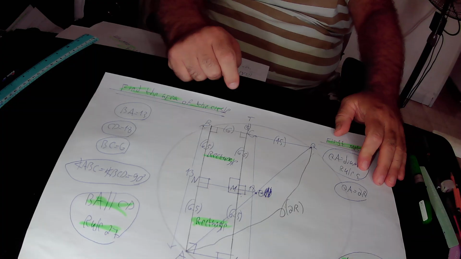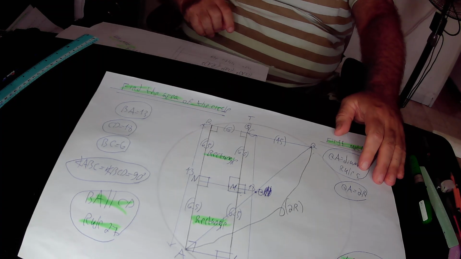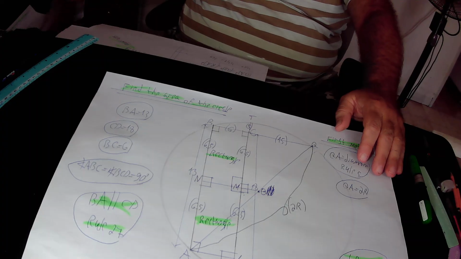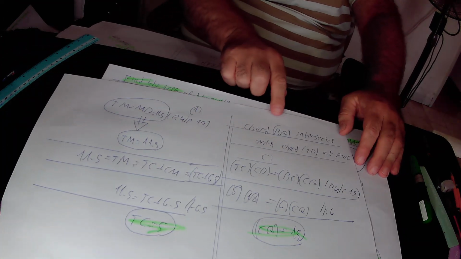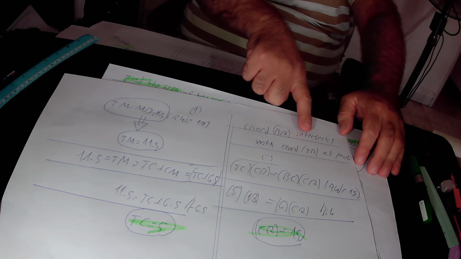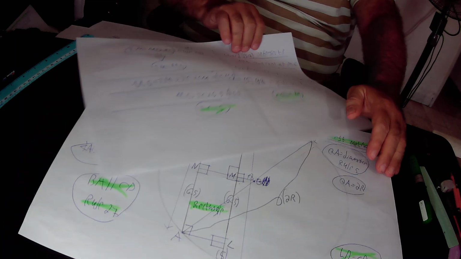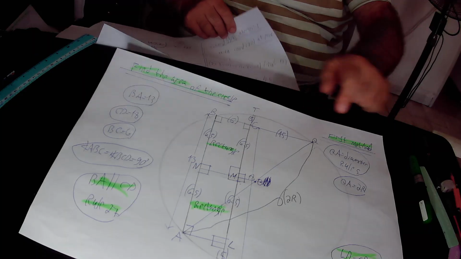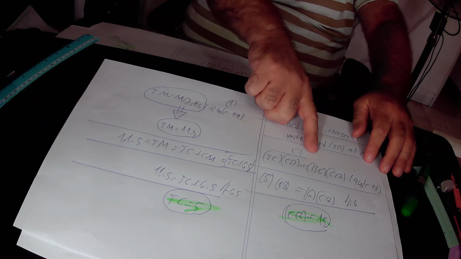So all the requirements for rule 15 are satisfied, and therefore we can implement rule 15. Chord BQ intersects with chord TD at point C, and according to rule 15, TC times CD equals BC times CQ.